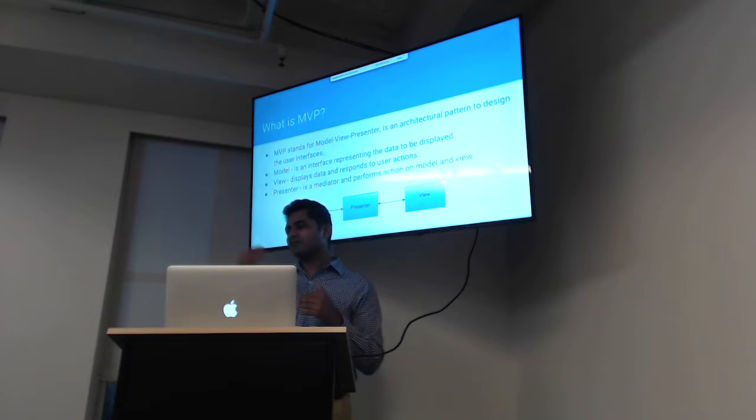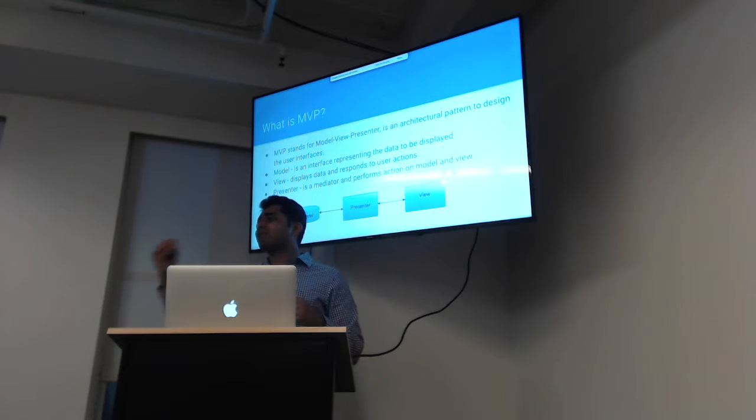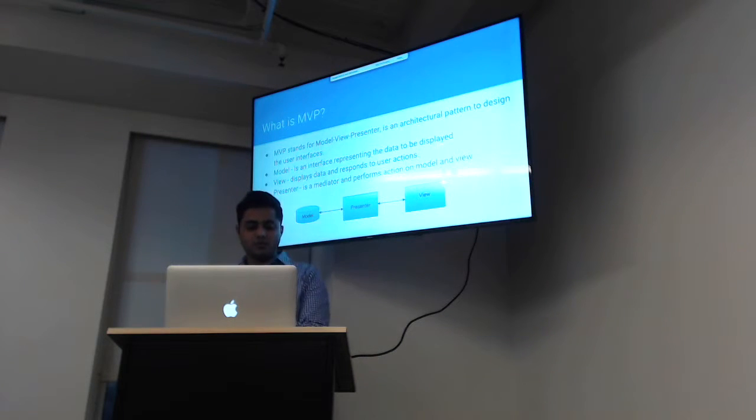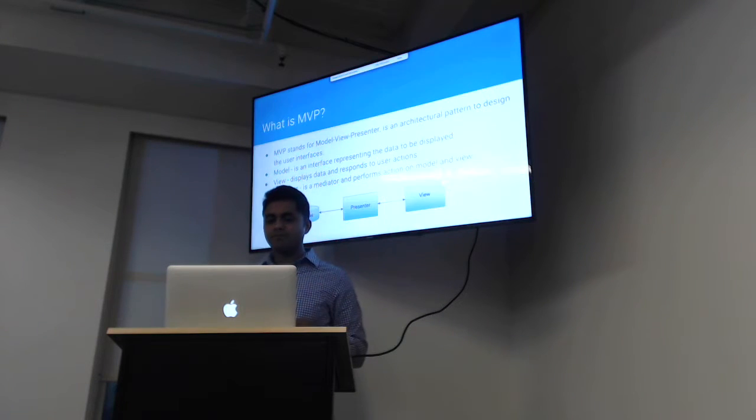So it will ask the presenter to retrieve the data from the model. Model will hand over the data back to the presenter, and presenter will pass it to the view. So you can see through the diagram that there is a bidirectional communication between the view and presenter and the model. So this is what MVP is.